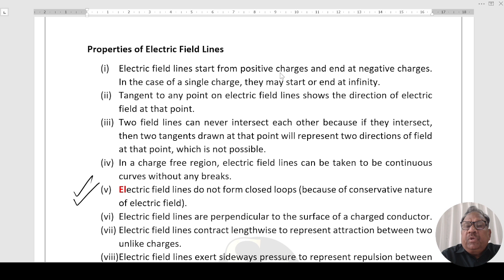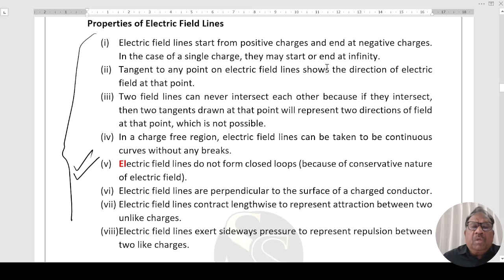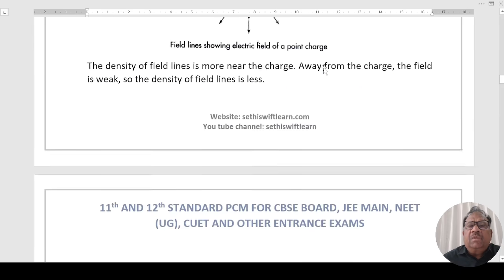Electric field lines start from positive charge and end at negative charge. In case of a single charge, they may start or end at infinity. In this case, all these properties are applicable. You can go through it. So the correct answer will be that electric field lines do not form closed loops and it is conservative in nature.